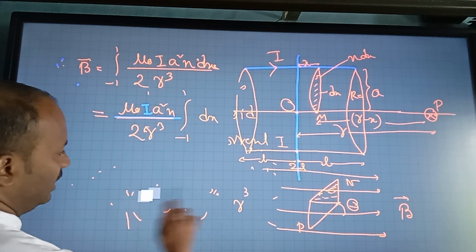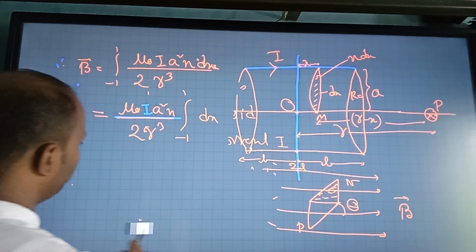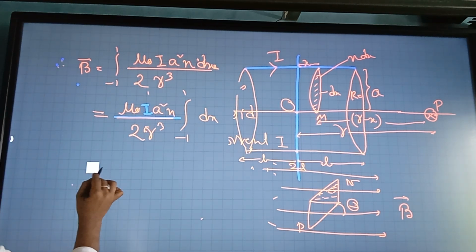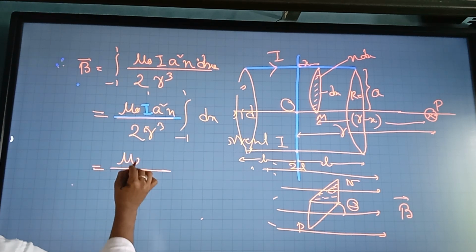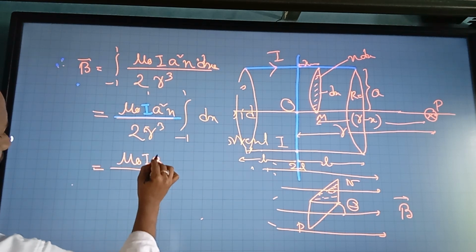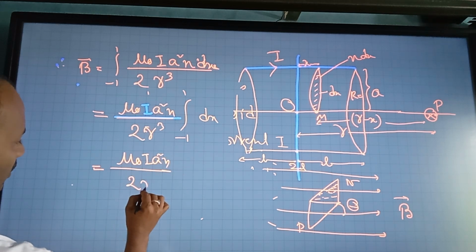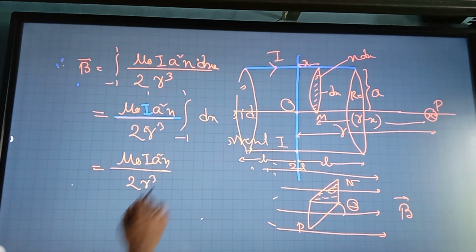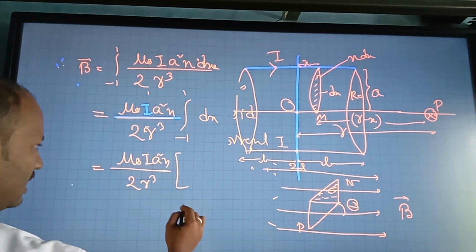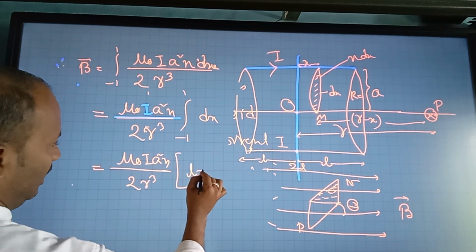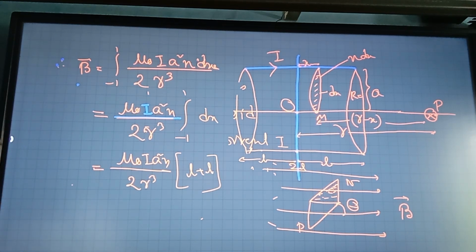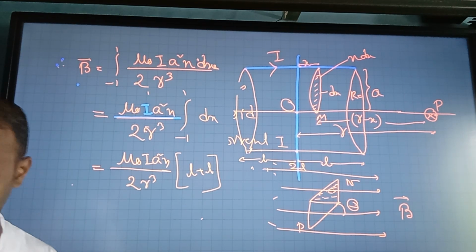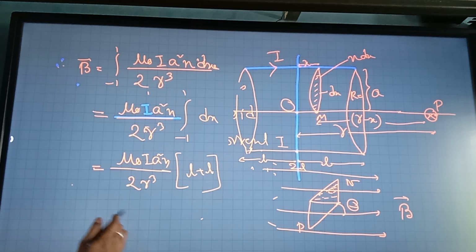So by integrating all of this part, we get mu naught I A square N by twice R cube. dx का वैल्यू होगा x. So it becomes L plus L, minus L to plus L. Minus L becomes plus L. So L plus L, we all know this equation.